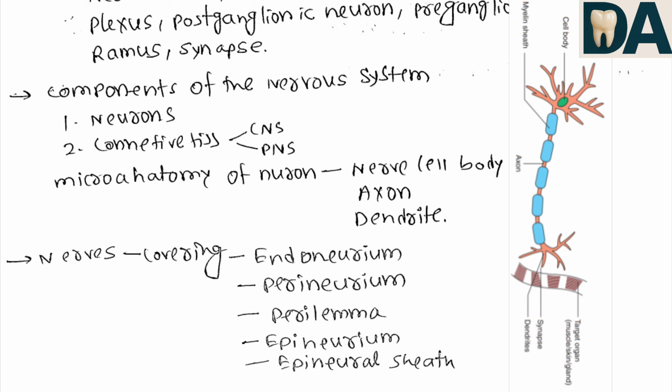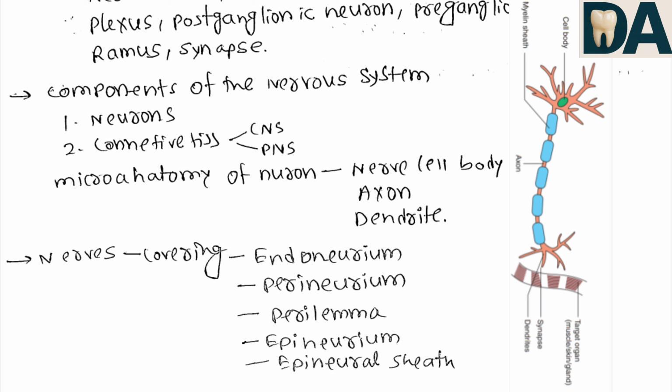Microanatomy of neurons. Neurons are the fundamental functional unit of the nervous system. They conduct electrical impulses to various target organs and communicate with each other through intercellular junctions called synapses.